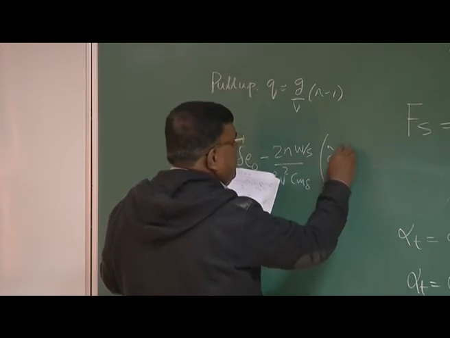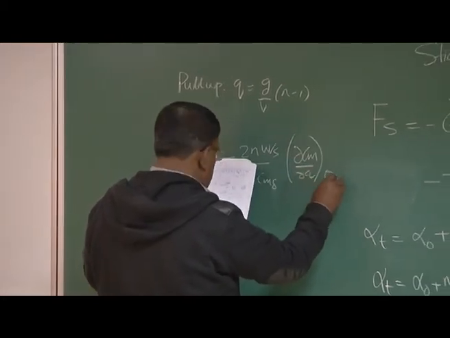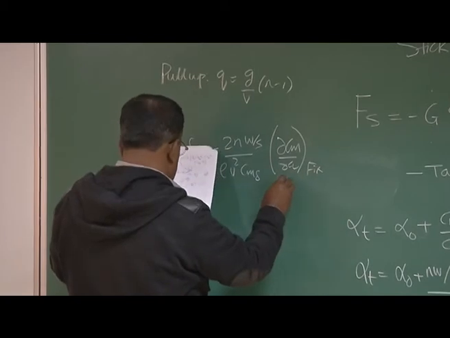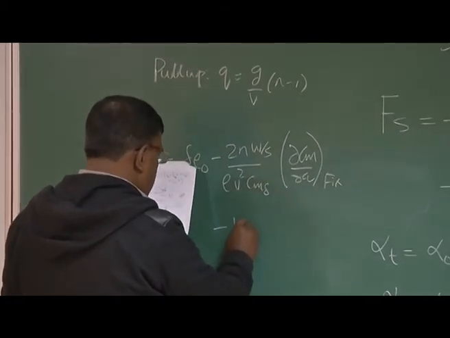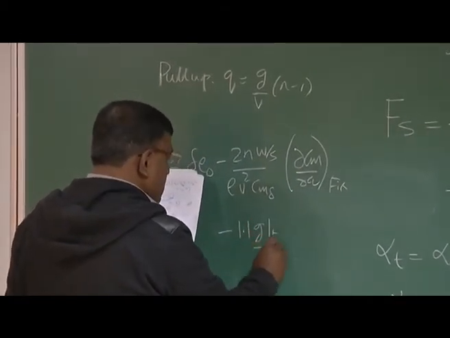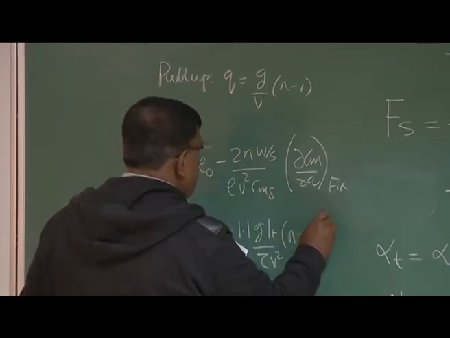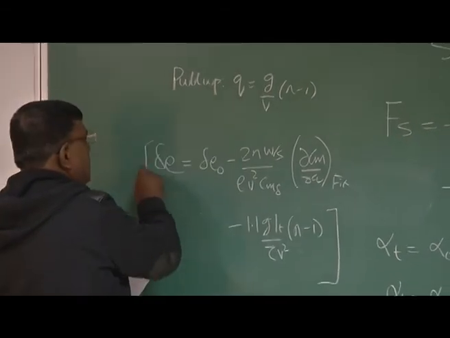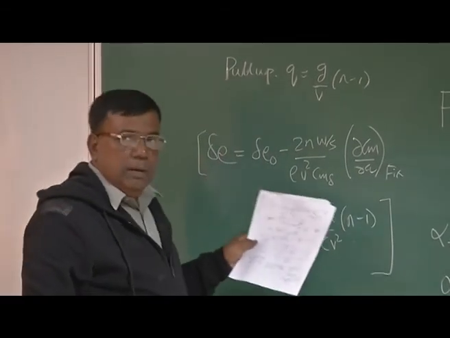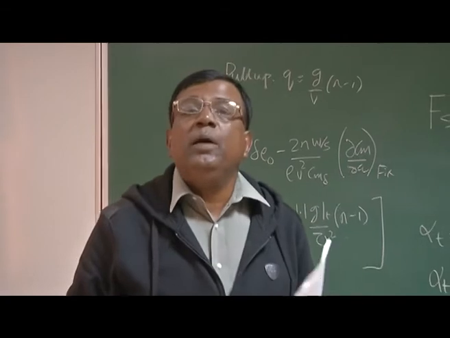DCM by DCL fix, then minus 1.1 CLT by tau V square into n minus 1. We have already developed this in earlier lectures. You have seen this is the delta E required for a pull-up maneuver.